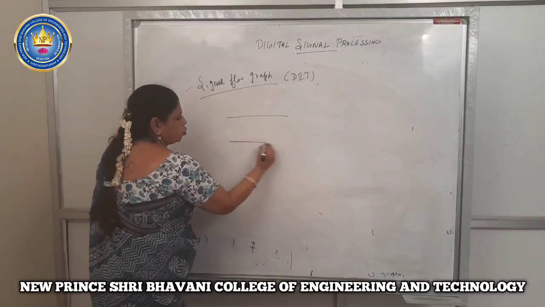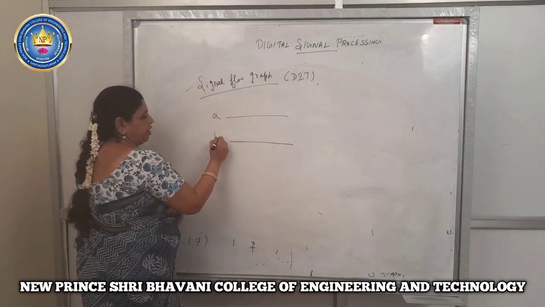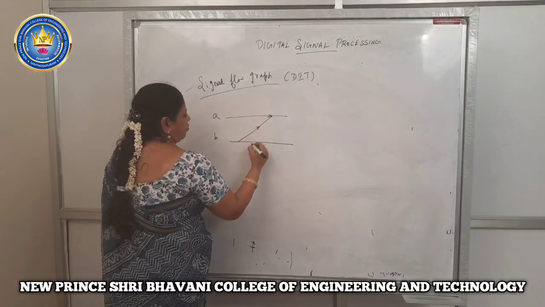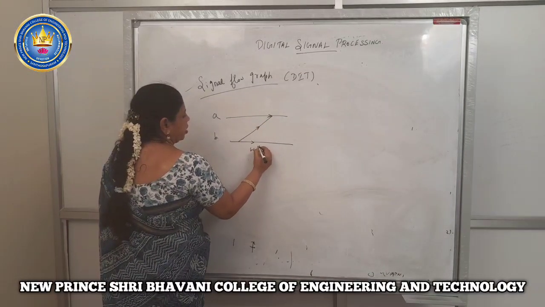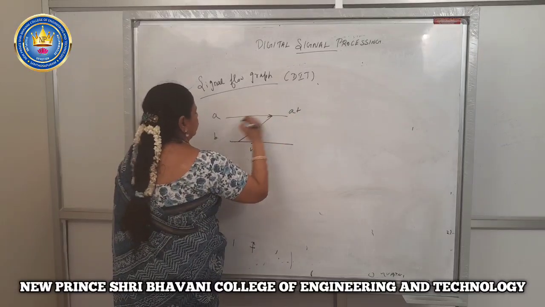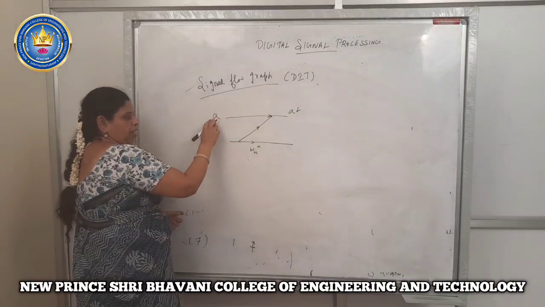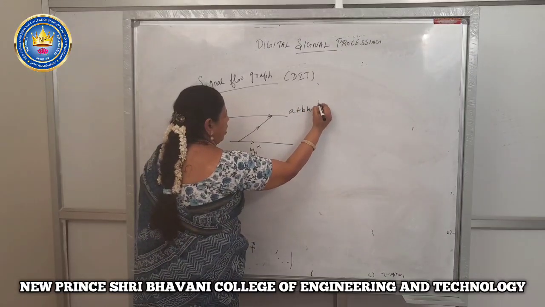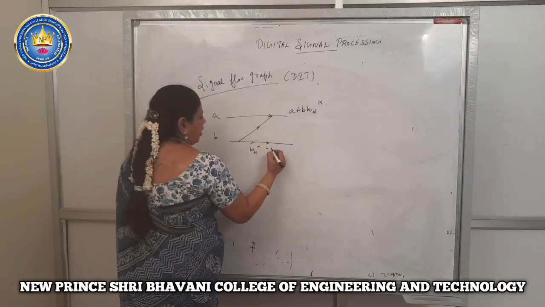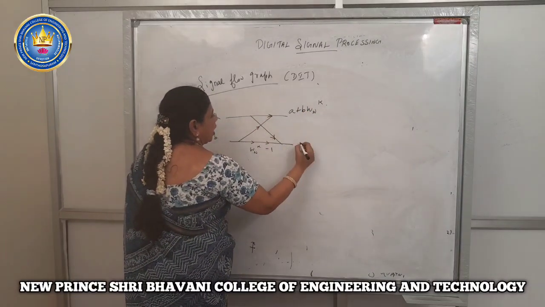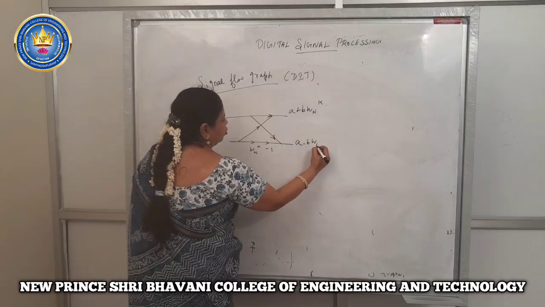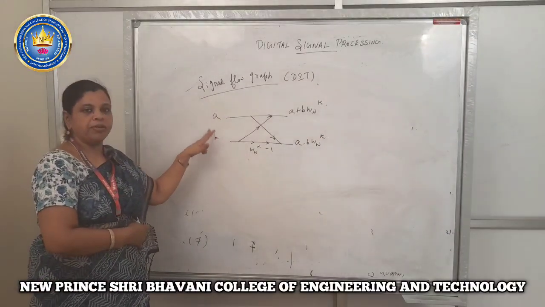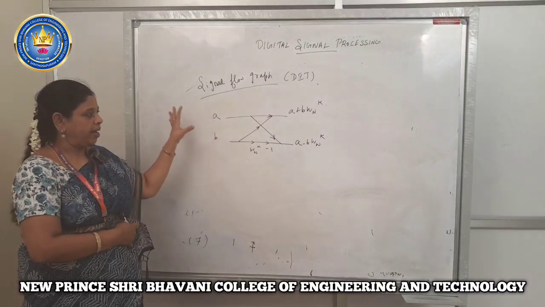Given two samples A and B, for the first part the computation will be A plus this value multiplied with the twiddle factor. In the downside, it will come as A minus B into WNK. So when we combine the two samples, this will be the flow diagram applied.